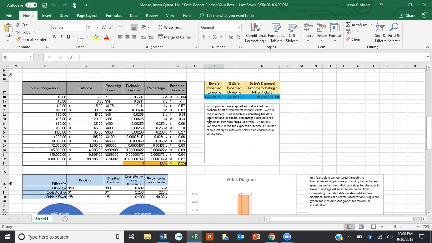Okay, and this problem was very interesting. It is a table of a possible lottery ticket sale, and with that, you're able to see the amount that they could possibly lose by doing nothing, which is 0, which means they're in the negative $5.